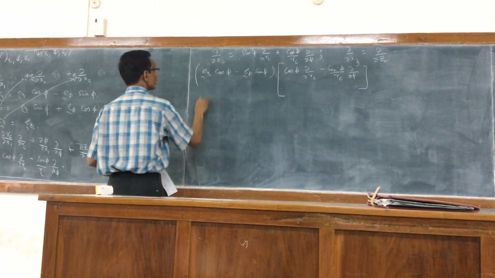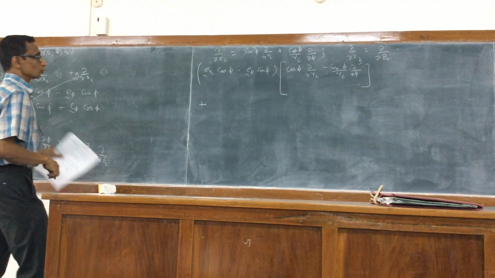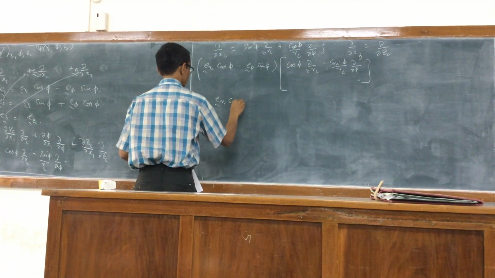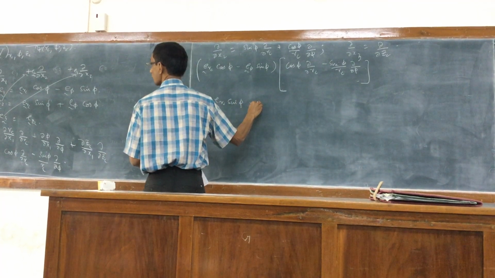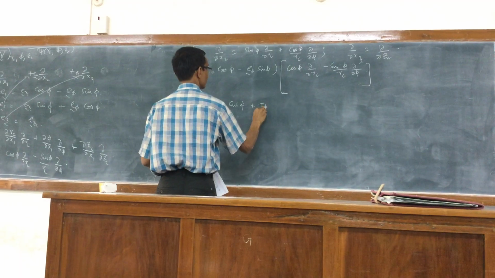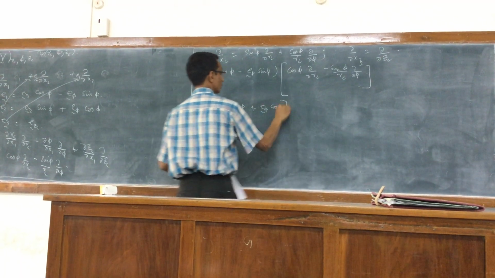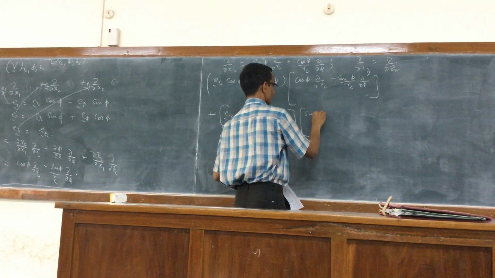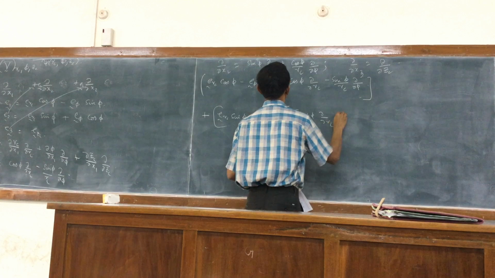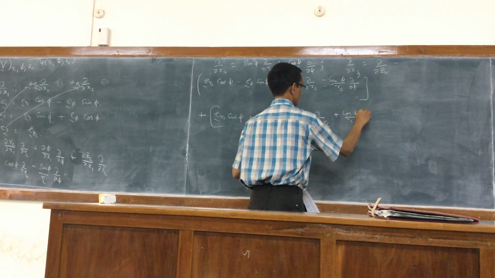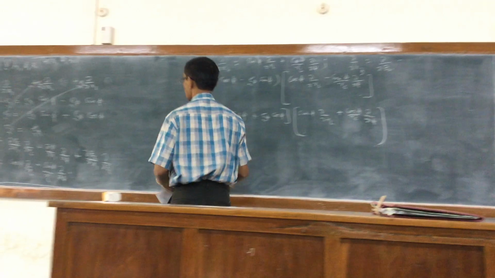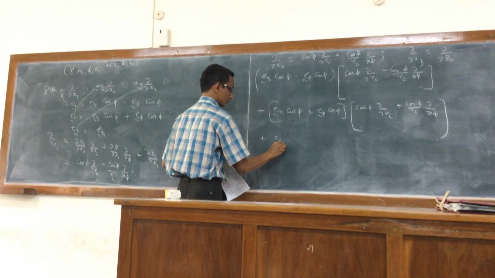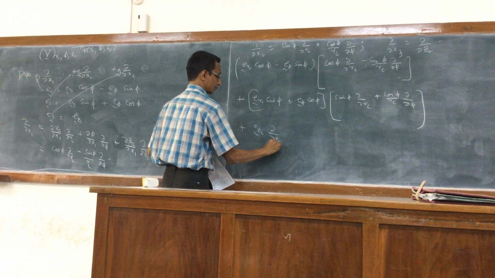And then I have d by dx2 times e2, that is ERC sin phi plus E phi cos phi, and that multiplies this operation which I have here, sin phi d by drc plus cos phi by rc d by d phi. And then finally, I have my E3, which is nothing but EZC and d by dz.